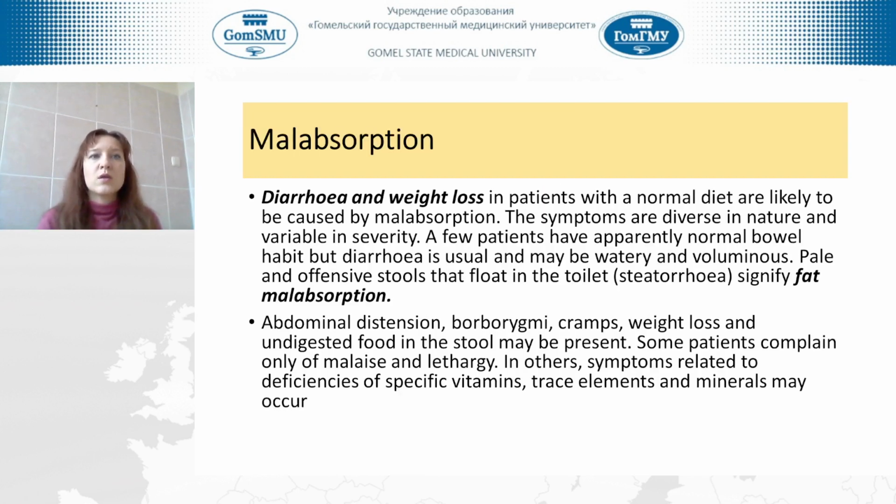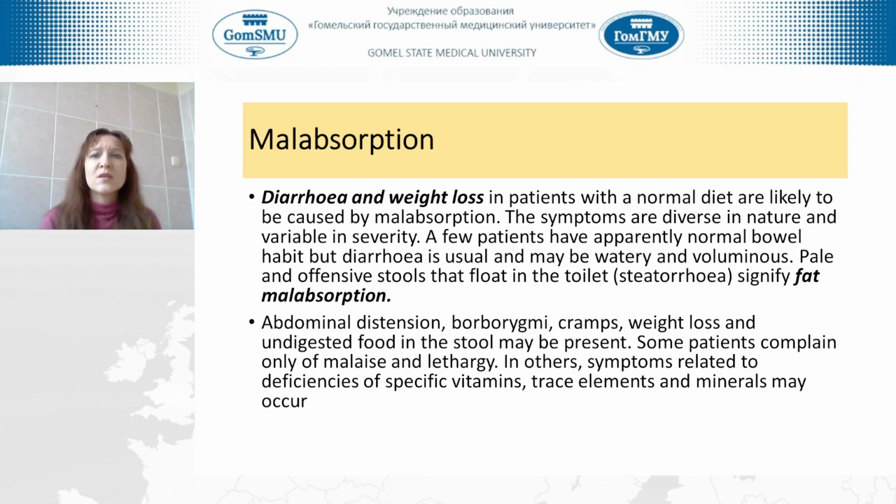Malabsorption. Diarrhea and weight loss in a patient with a normal diet are likely to be caused by malabsorption. The symptoms are diverse in nature and variable in severity. A few patients have apparently normal bowel habit, but diarrhea is usual and may be watery or voluminous, pale and offensive, with a stool that floats in the toilet.